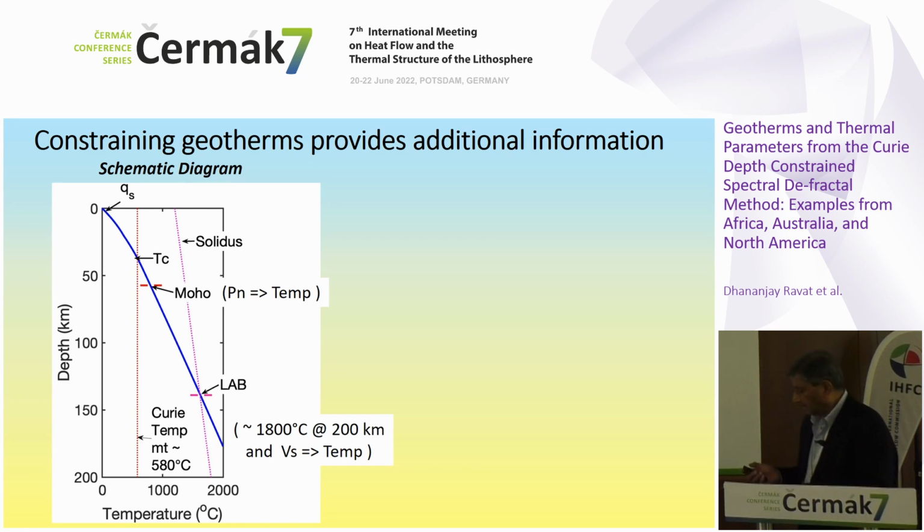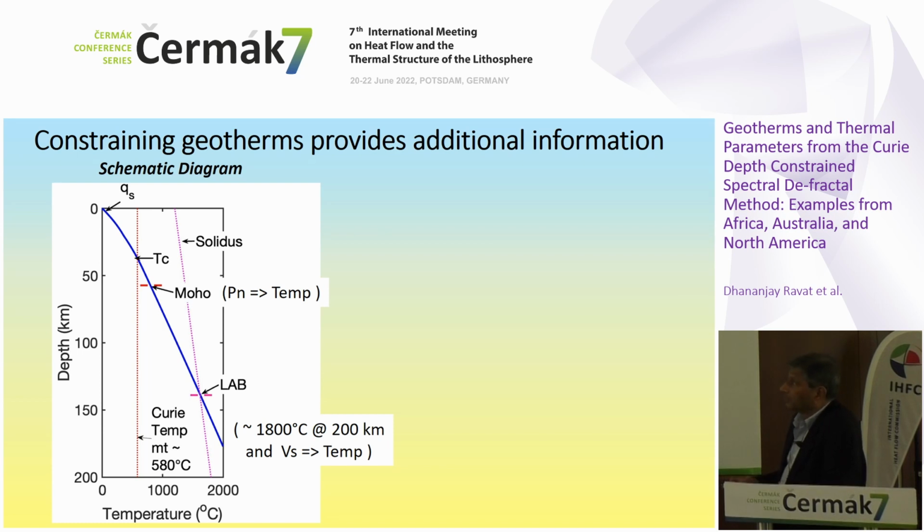So constraining, this is a schematic diagram through the lithosphere, if you will. You can have constraints on geotherms through a lot of different sources, surface heat flow, perhaps a Curie temperature. These dashed lines at about 580 degrees centigrade are meant to be the Curie depth of magnetite.